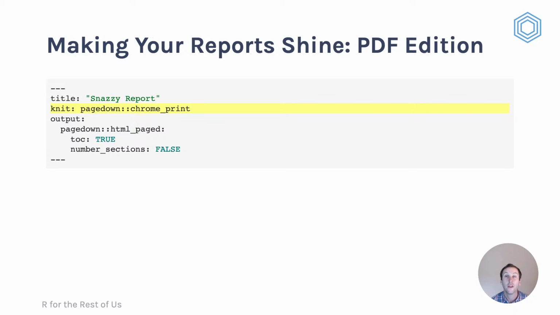Well, we are. And there are actually two ways to do that from pagedown. The first is this. See the yellow line highlighted here? I've added a line, knit: pagedown::chrome_print. What that will do is first knit to HTML, and then convert your HTML document to a PDF. Let me show you how this works.